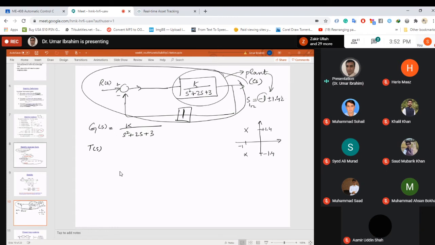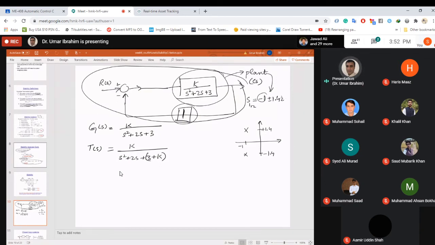And let T of S be the closed-loop feedback control system transfer function: T of S is equal to K over S squared plus 2S plus 3 plus K. Can you see the difference between the two transfer functions? This is only for the simple case when H of S is equal to 1. If H of S had some other value, it would be a lot different. But for now, we are considering the simplest case.